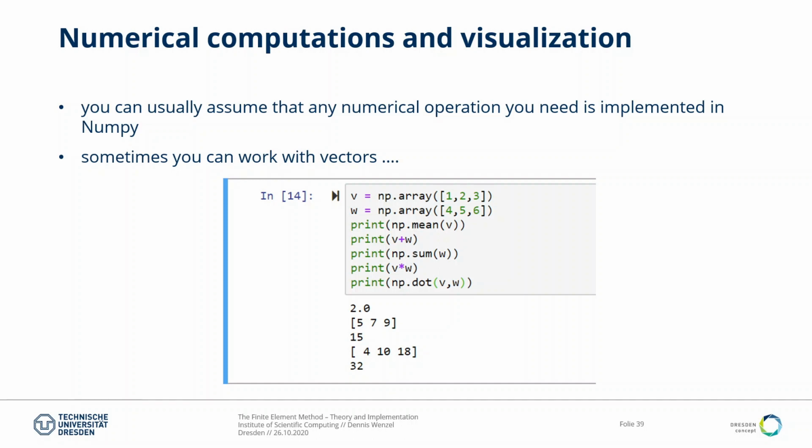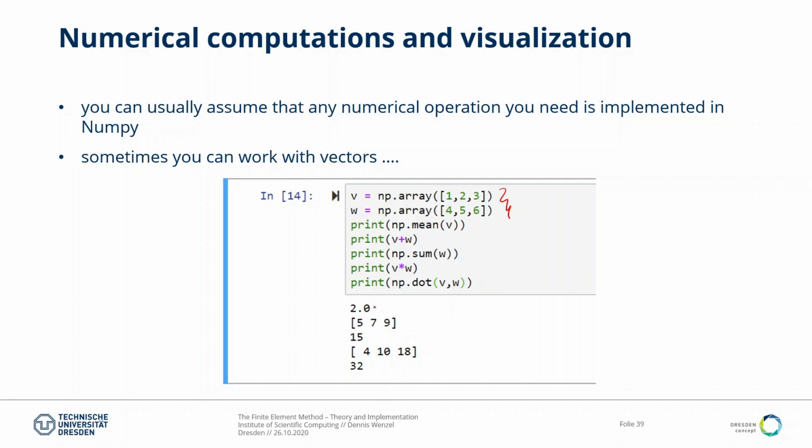So there are so many functions already existent in NumPy, and they are usually implemented quite fast and quite efficient, so it's always the best guess to just use them. So what we do here is we create two vectors, and when I say vector, I mean precisely NumPy arrays. And then it's just a one-line statement to compute the means of this vector.